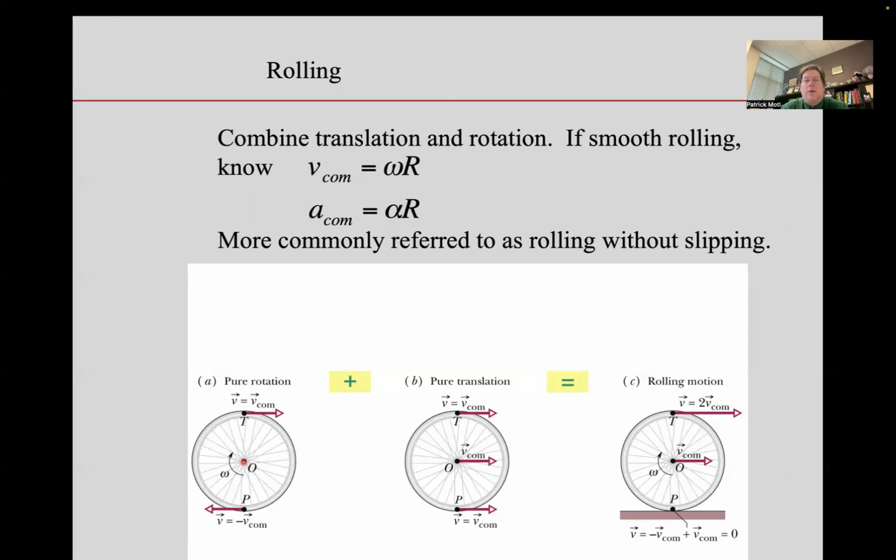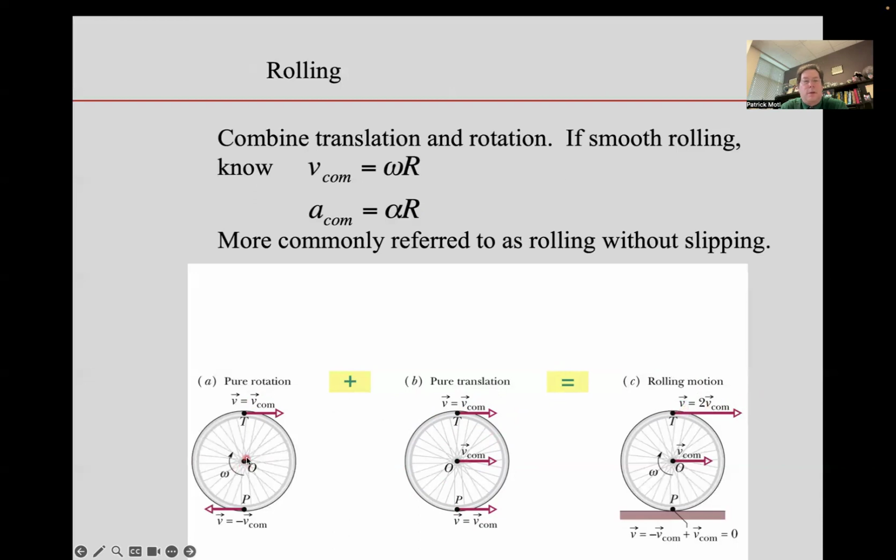All right. Now the entire wheel is translating forward. So every point on the wheel is moving to the right with a velocity v-com, and we can add those vectors together. So obviously at the top of the wheel, v-com plus v-com both pointing to the right give me a velocity vector that is 2 v-com pointing to the right.